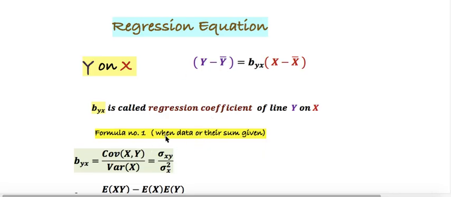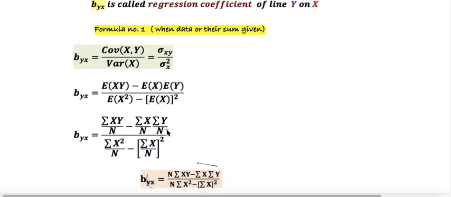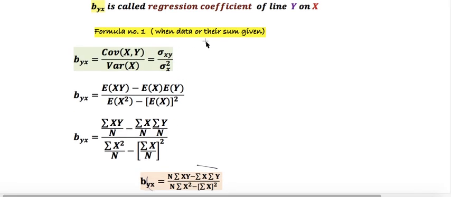Now we are going to see how to calculate this coefficient. The first formula is that b_yx is the ratio of covariance upon variance. We know how to find covariance using the averaging technique, expectation, or we can substitute the value of expectation of x and y, meaning the average of x and y. Expectation of x means mean of x, and expectation of y is mean of y.